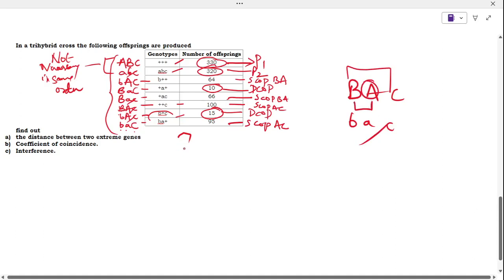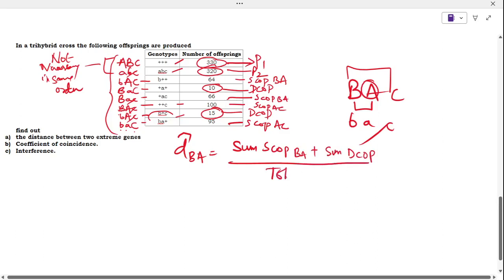We already know the formula: distance between BA is equal to sum of single crossing over product with respect to BA plus sum of double crossing over product divided by total. Sum of single crossing over product with respect to BA is 64 plus 66, plus sum of double crossing over product 10 plus 15, divided by total.